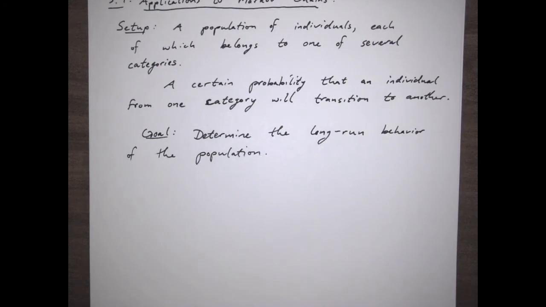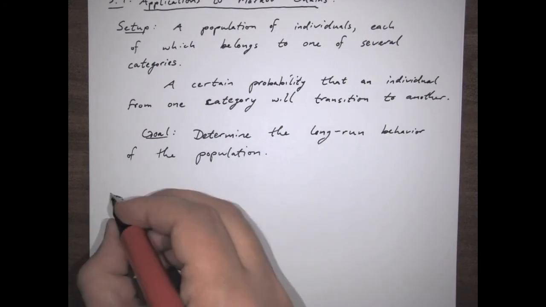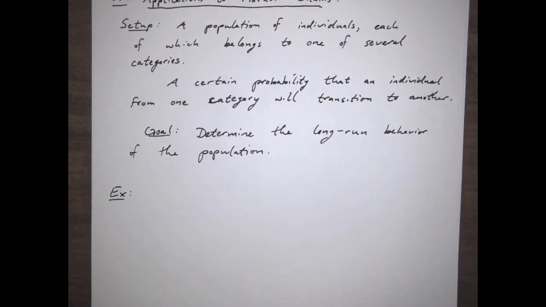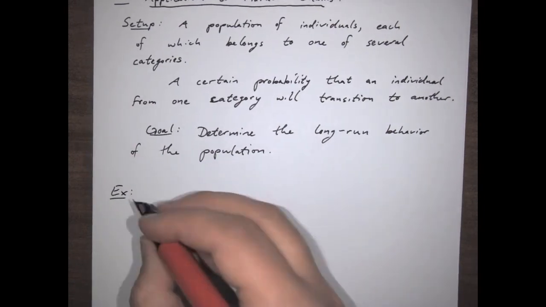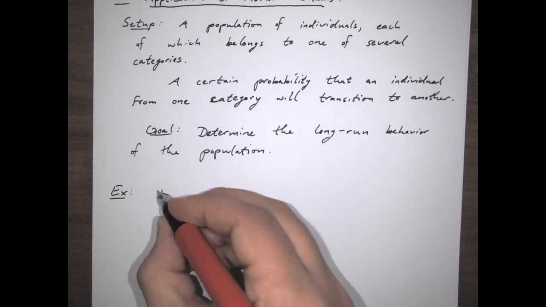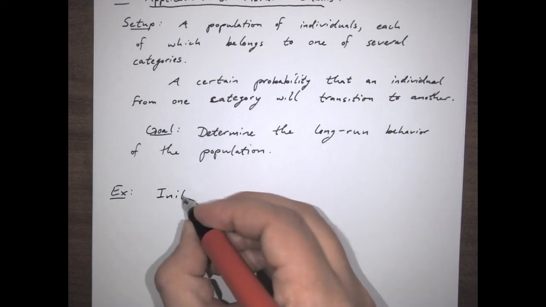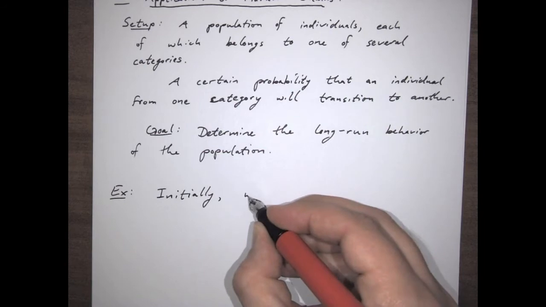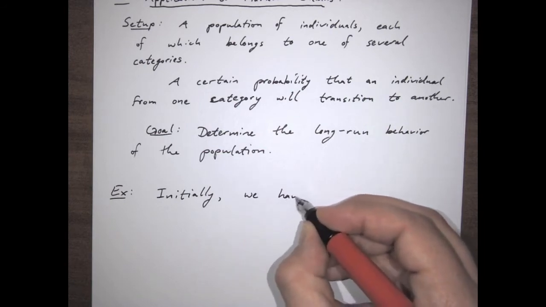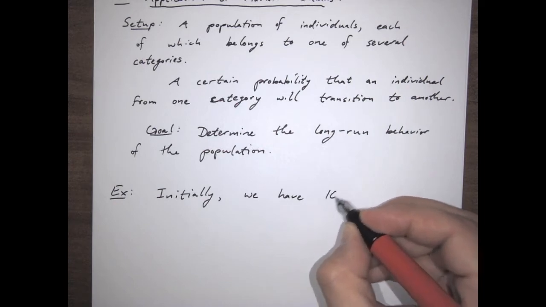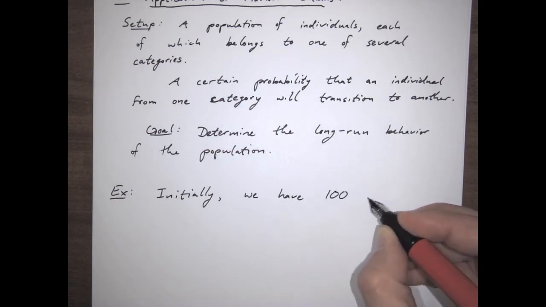All right, so as an example, let's say we have initially a group of people that are either single or married. So initially we have 100 PCC students.